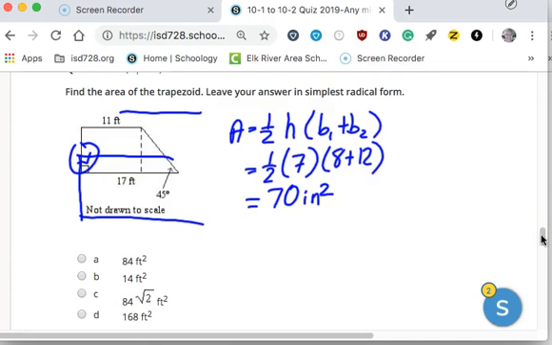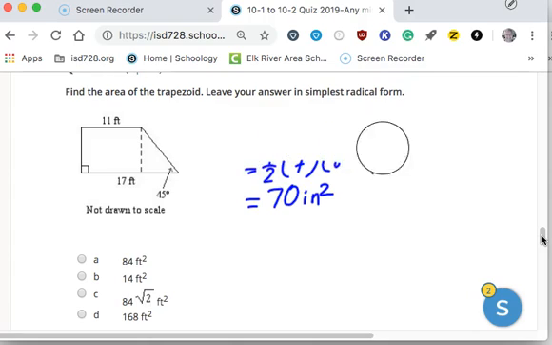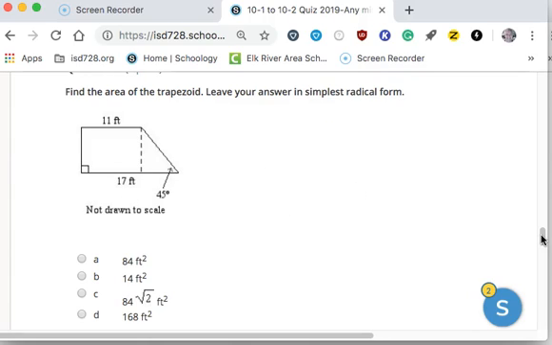In 6, I've got another trapezoid, except I've got a 45, 45, 90 triangle given here. And some folks are like, really, 45 degrees? If this is 45 degrees and this is 90, this is also 45 degrees. Now, I know that this top thing is 11, and the stuff I'm missing is 6.